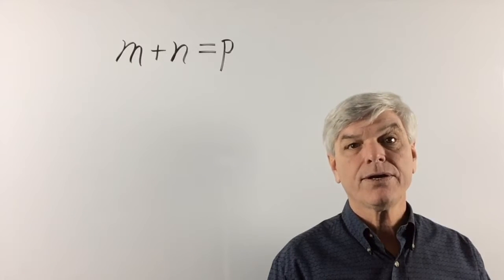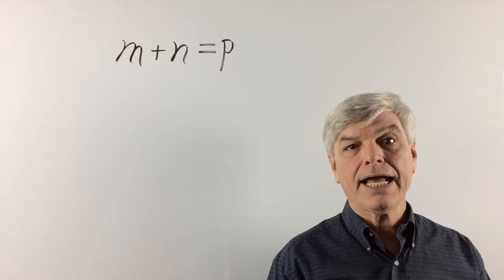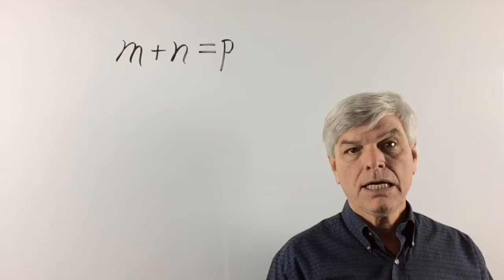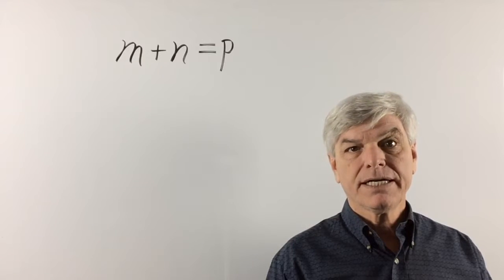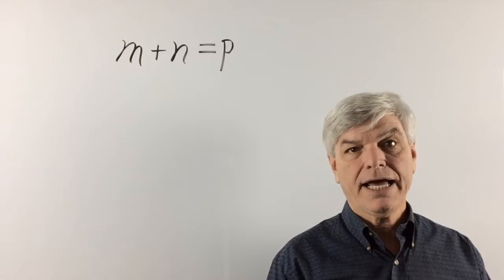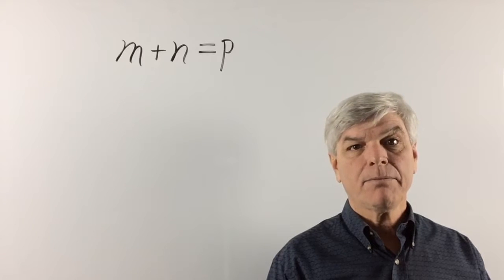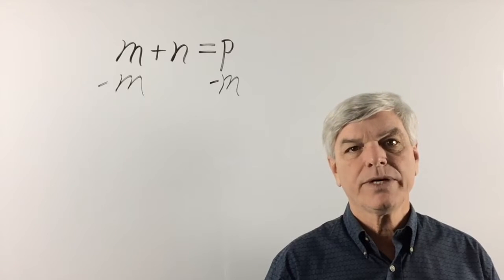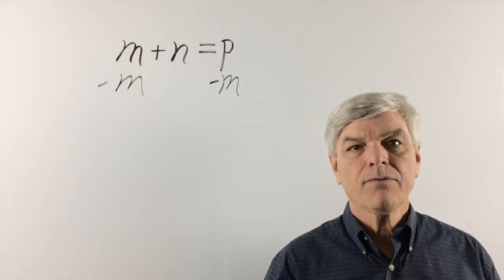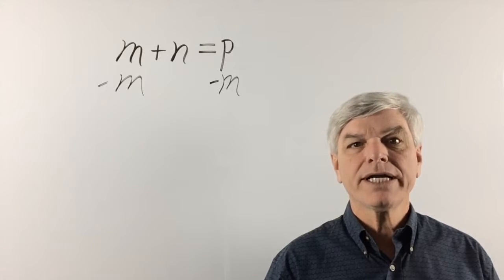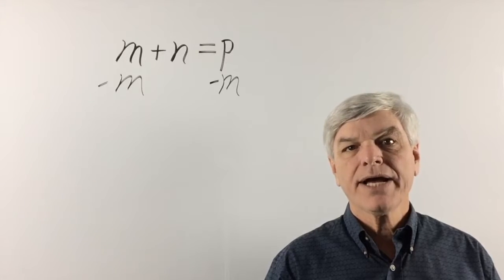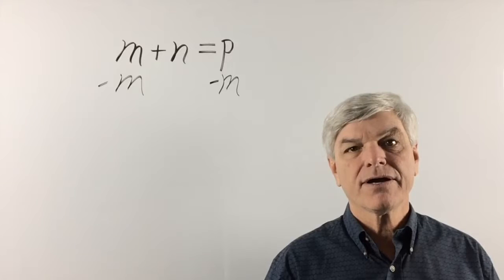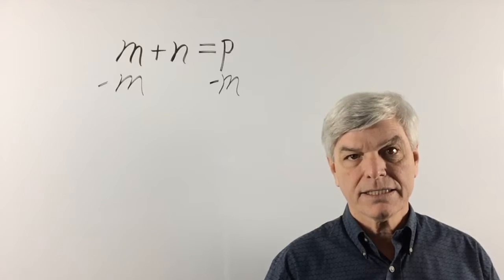So what are we going to do? Well, we're going to get n alone. And n isn't being multiplied by anything, but there's an addition to the n. We have m plus, so we're going to do what? That's right, just like we did with integers. If we have a positive integer, we're going to add a negative integer. Here we have a positive variable, so we're going to add a negative variable to both sides.